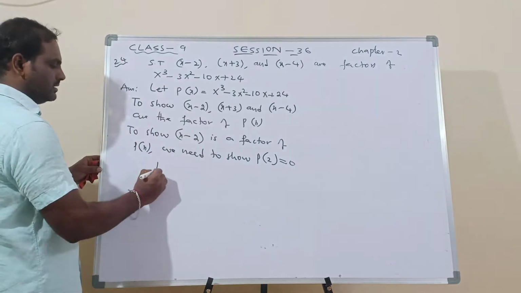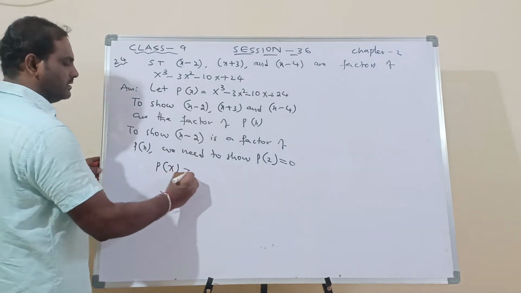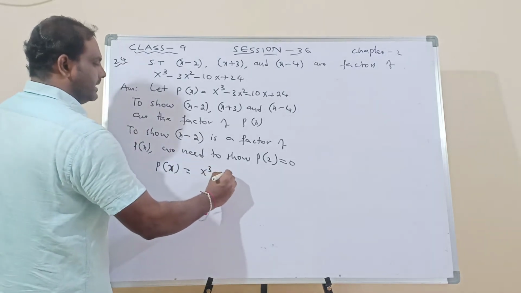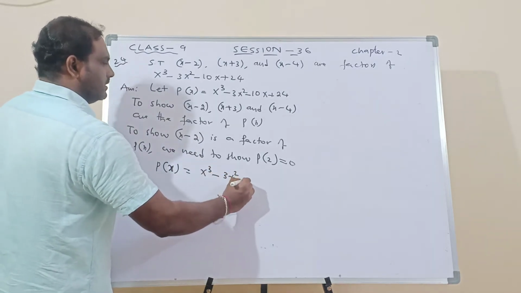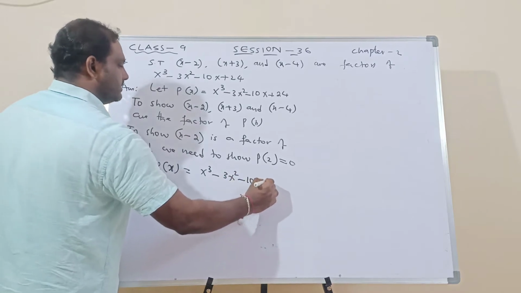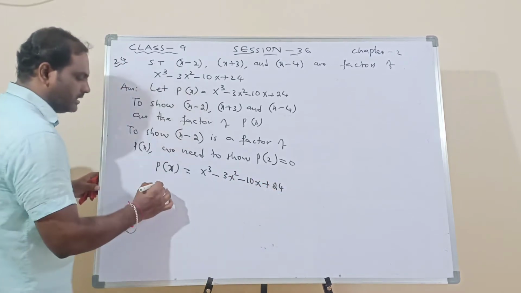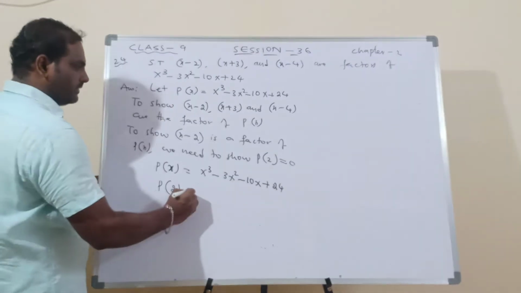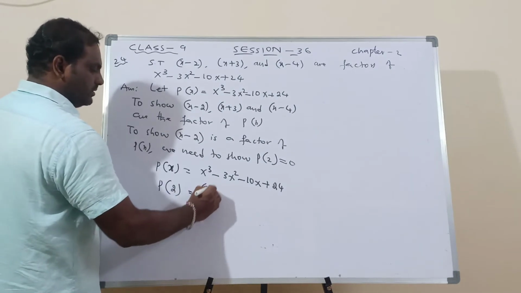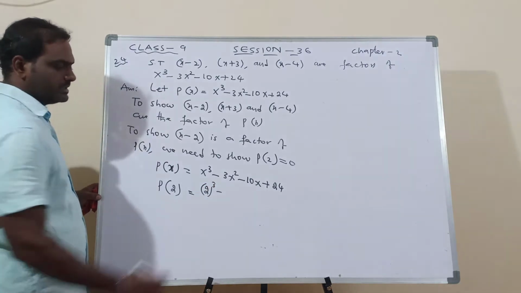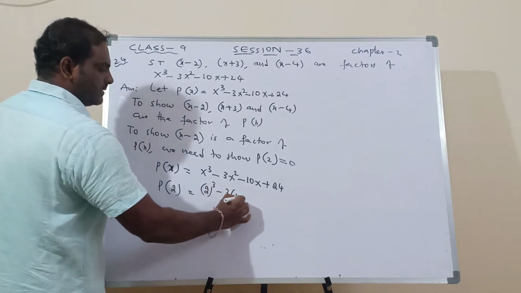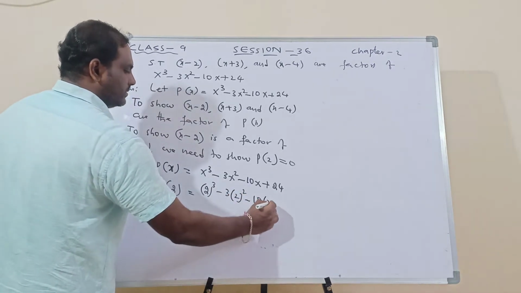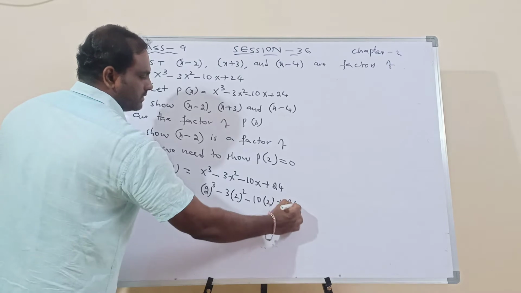So P of x is equals to x cube minus 3x square minus 10x plus 24. Now I have to find P of 2. So what is P of 2? It is 2 cube minus 3 into 2 square minus 10 into 2 plus 24.